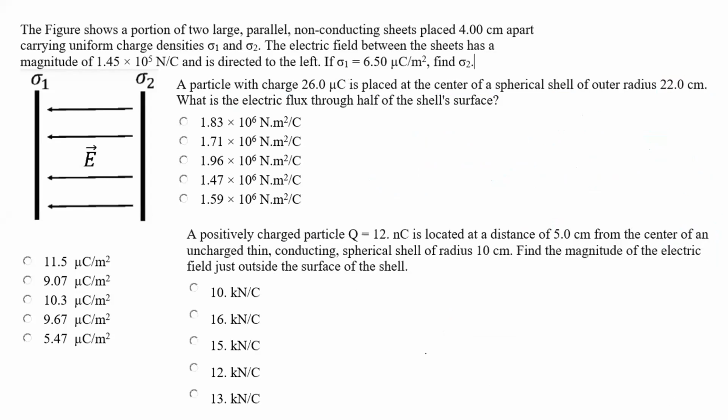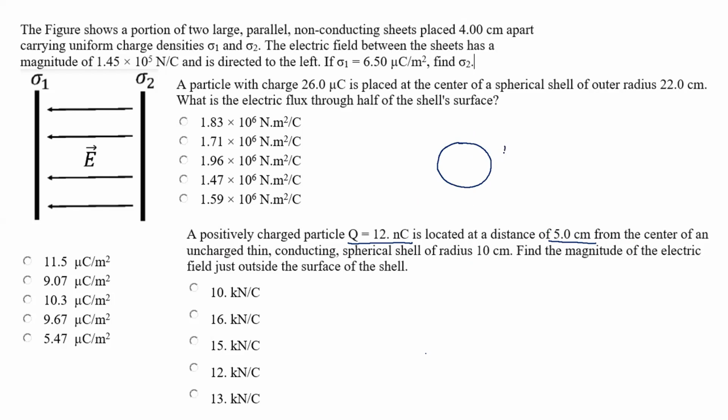Now, we have a positively charged particle Q, which is equal to 12 nanocoulomb, and it's located at a distance 5 centimeters from the center of an uncharged, thin, conducting spherical shell of radius 10 centimeters. Let me draw, just for the sake of things. This is my thin spherical shell of radius 10 centimeters.